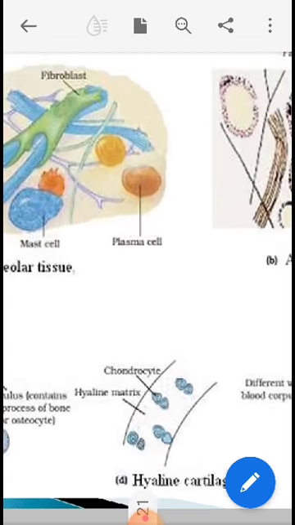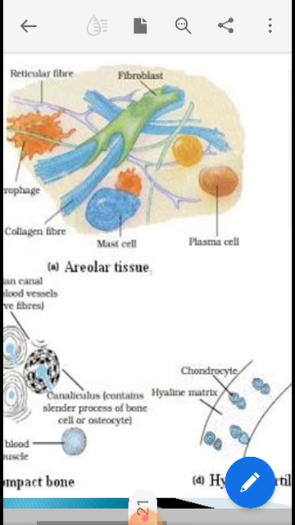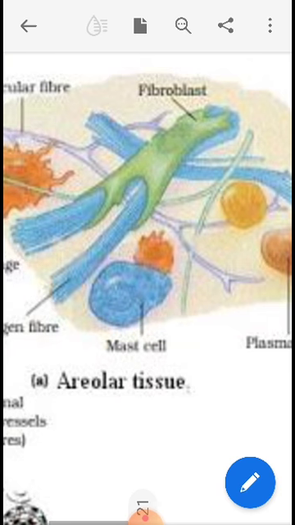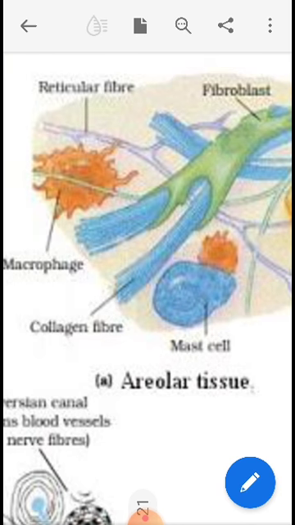Okay, now here you can see the diagram of the areolar tissues. Here you can see it clearly. See the fibers and the fibroblast. Now the mast cells and collagen fiber and all these things you will learn when you go to higher classes. At this level, you just have to know the location and what its function is.